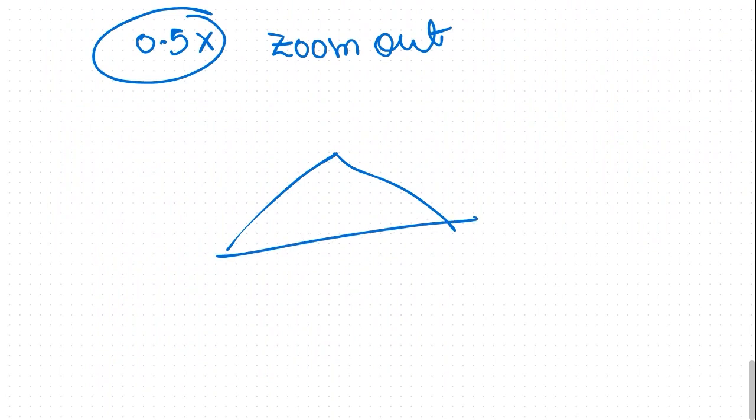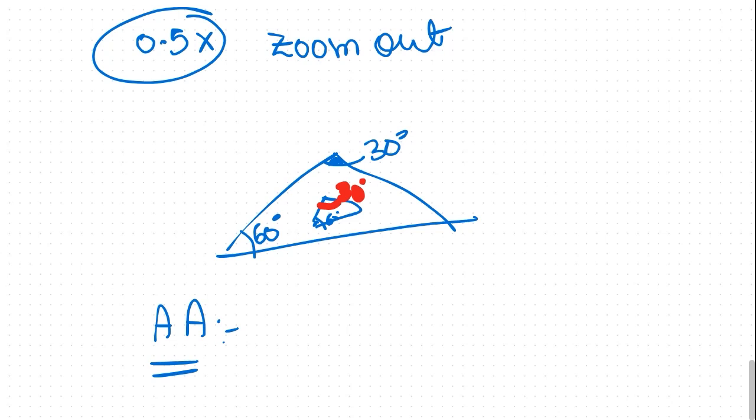Some basic concepts to keep in mind: if two triangles are similar, and this angle is 30 degrees, this angle will also be 30 degrees. If it is 60 degrees, this will also be 60. The main thing is there are criteria. A stands for angle, the angle criteria.